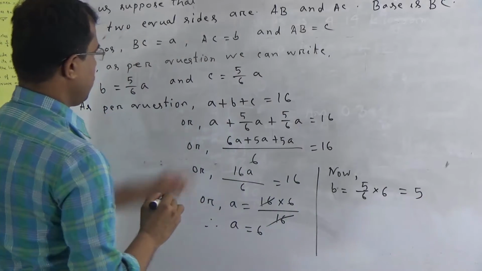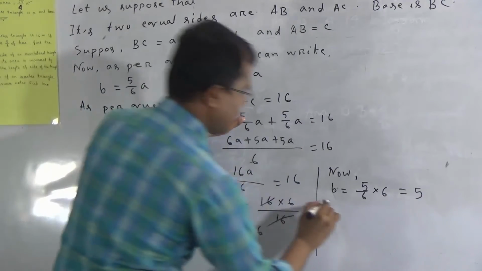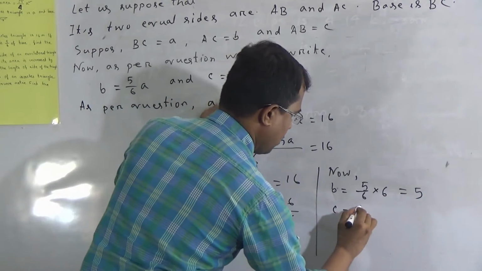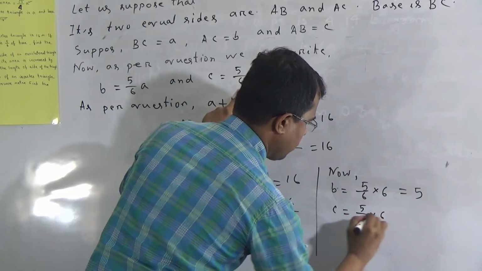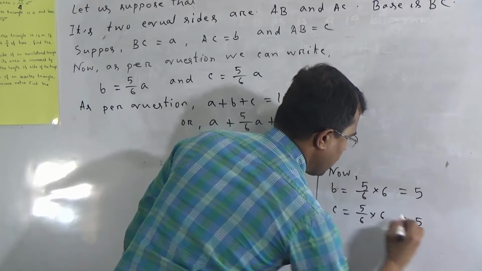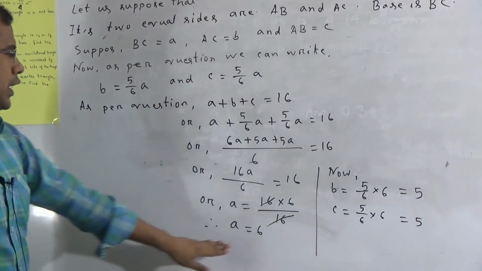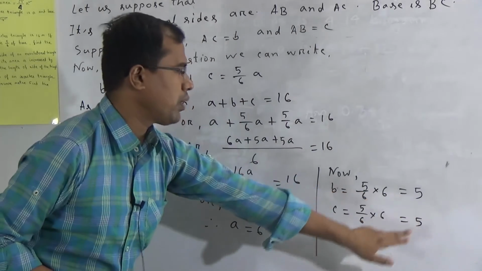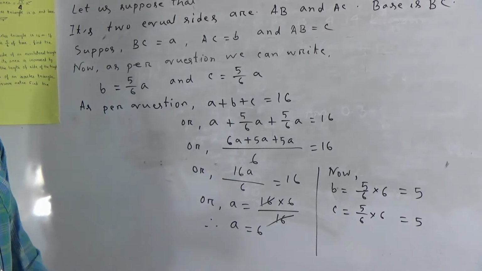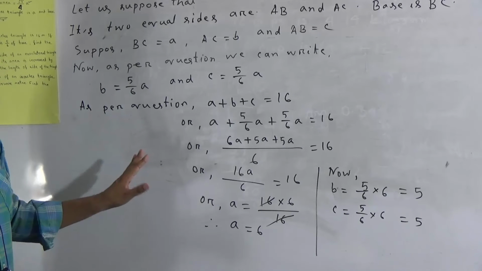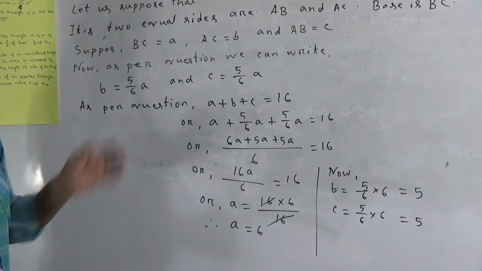And C equal to also 5 by 6 of A. A equal to 6, this is equal to 5. That means the value of A is 6, value of B is 5, and value of C is also 5. We have already found out the lengths of all the sides.